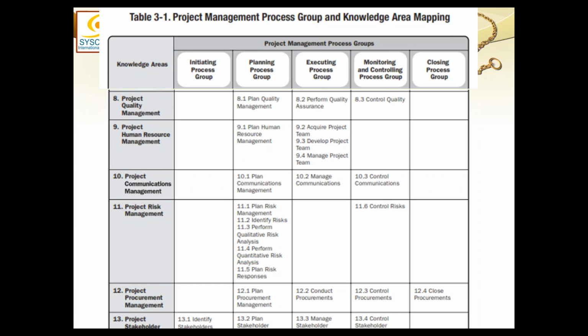So from the product scope, we get the deliverable. From the project scope, we get all the work in scope. These are the only two things which will be monitored and controlled by all the knowledge areas. Every knowledge area will actually be focusing on these two things.